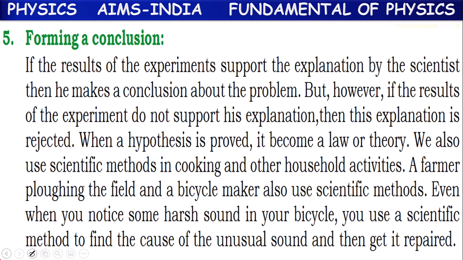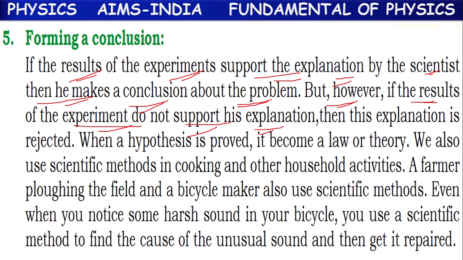Next one. So if the results of the experiments support the explanation by the scientist, then he makes a conclusion about the problem. However, if the results of the experiment do not support his explanation, then his explanation will be rejected.